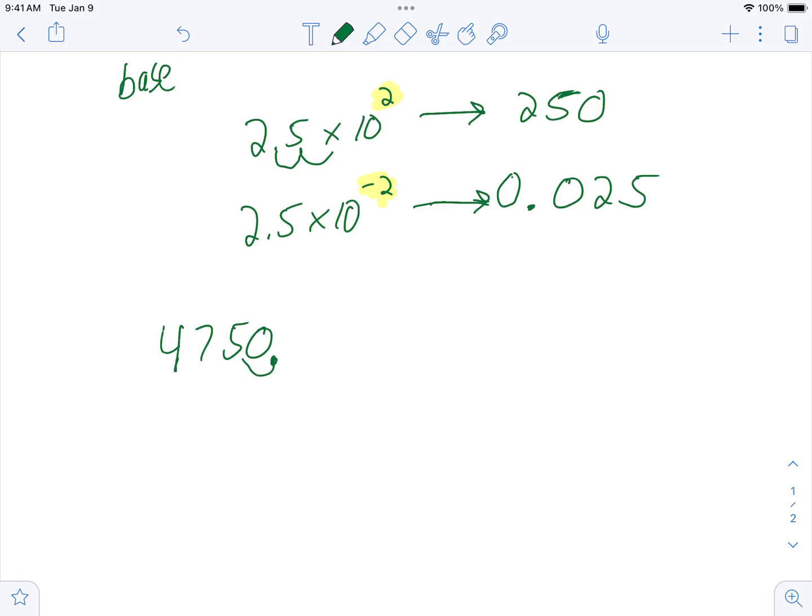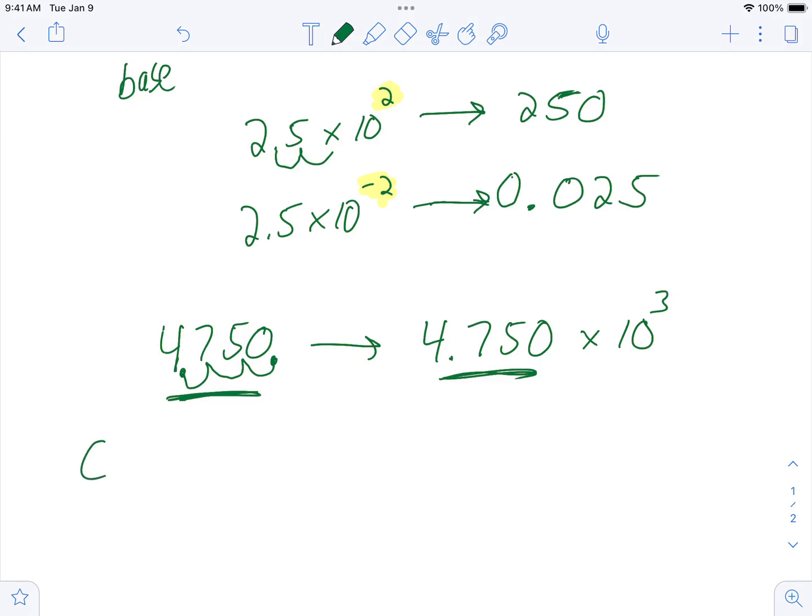So in this case, I would move it 1, 2, 3 spots to the left. So this number in scientific notation would be 4.750. You always want the times 10. And because we went from a very big number to a smaller base number, the exponent is positive.